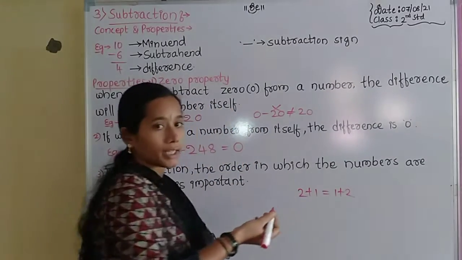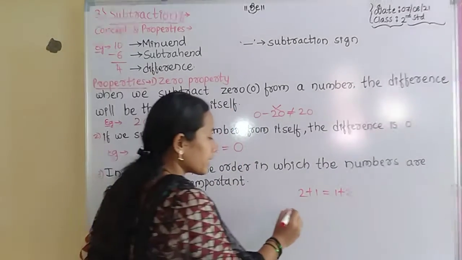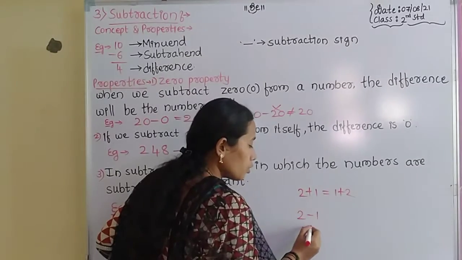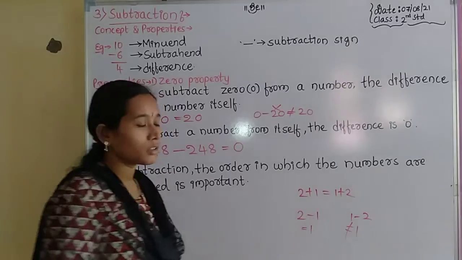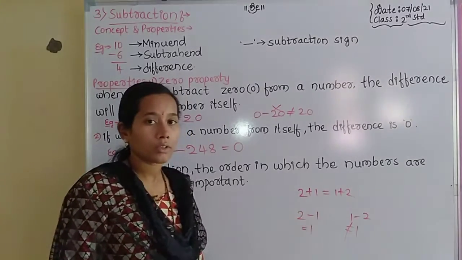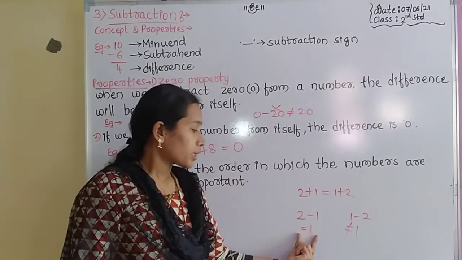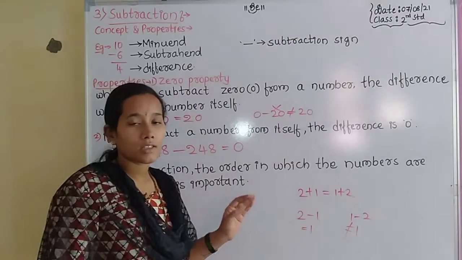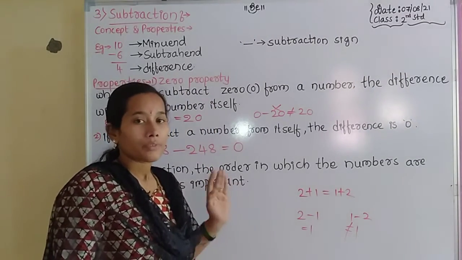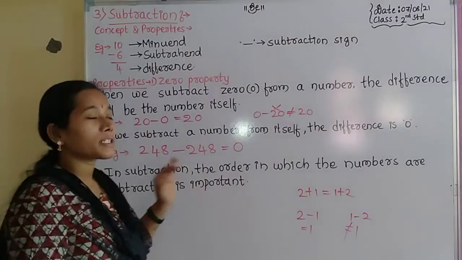In both cases we get 3. But here 2 minus 1 is equal to 1, but 1 minus 2 is not equal to 1, it is minus 1. So the order property does not apply to subtraction. Here the order is very important.